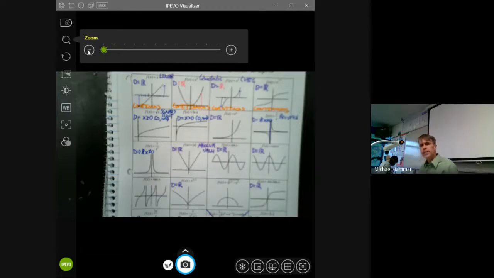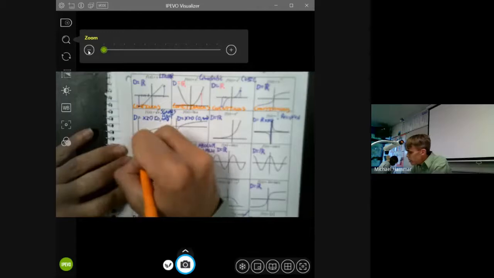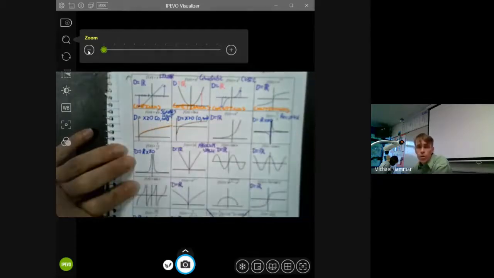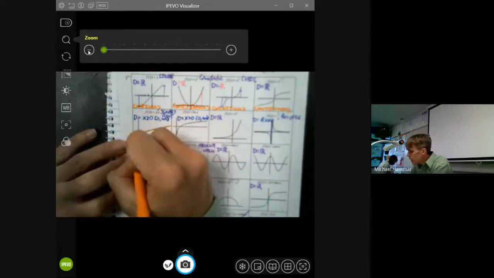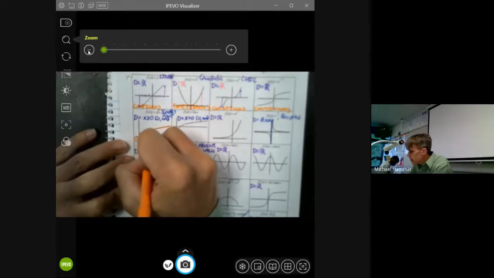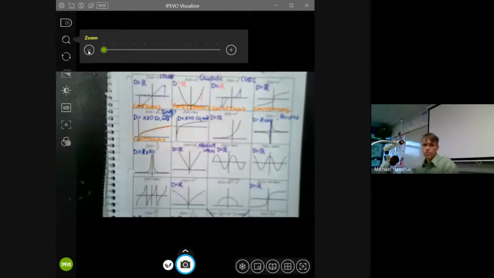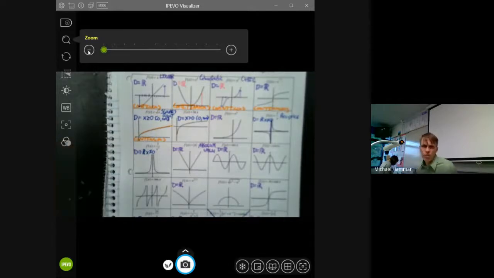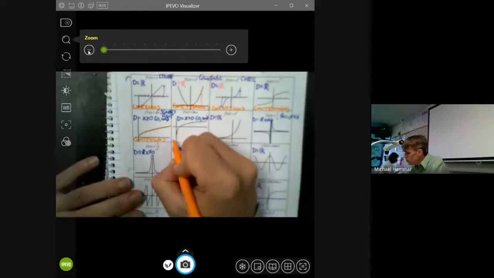So is it continuous in its domain section? If you notice, all the way through here, there are no gaps, no holes, no vertical asymptotes. So on its domain, it is continuous. At this far end, we have other things going on, but as a whole, if you just look at its domain, it's continuous.